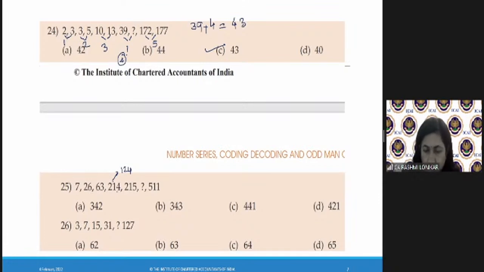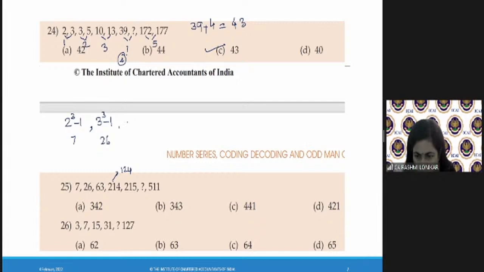What will happen over here? This is 2 cube minus 1 is 7. 2 cube is 8, 8 minus 1 is 7. Then 26. Once I see this 26, I know this is 3 cube minus 1. 3 cube is 27. 27 minus 1 is 26.